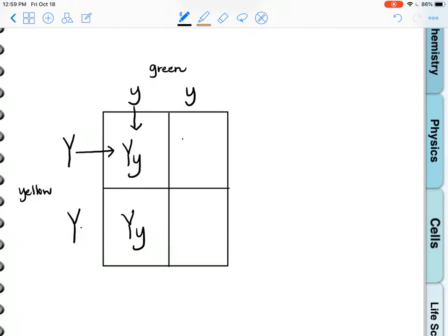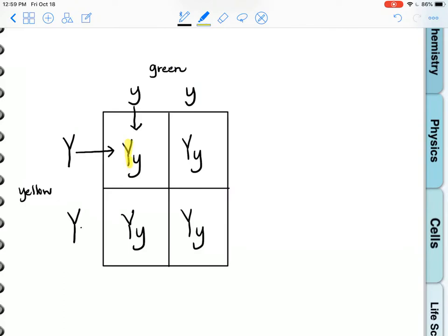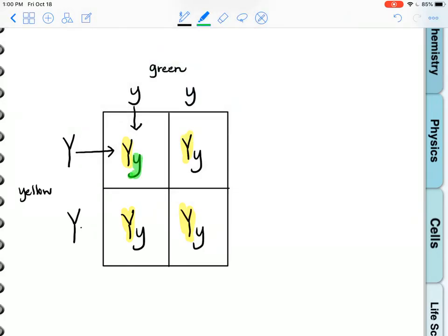Up here, we have the capital Y paired with the little y, and then capital and little. Something very interesting is happening here. When you look at these, and let me highlight, remember tall Y is yellow, which is dominant. It's the tall letter. And then the recessive is the green.